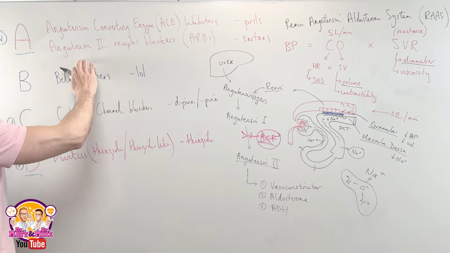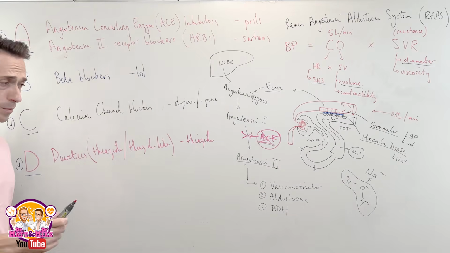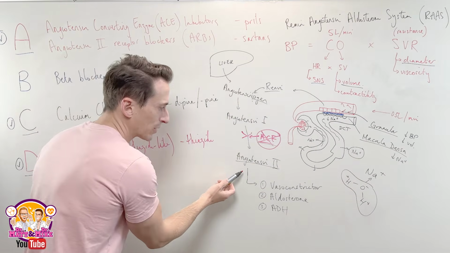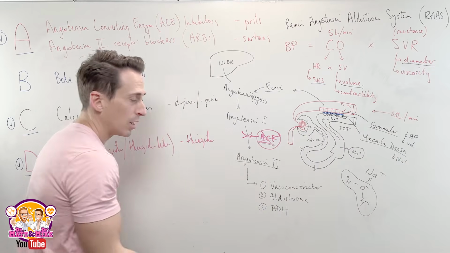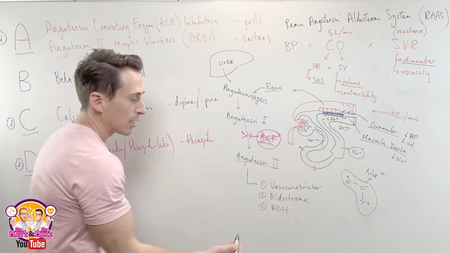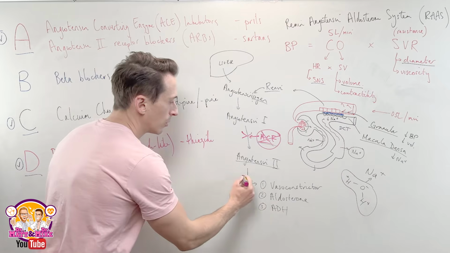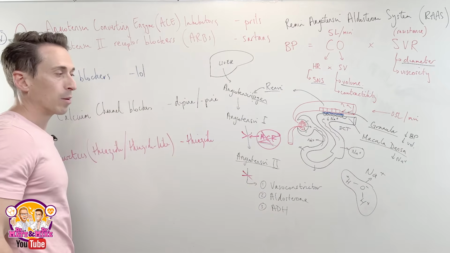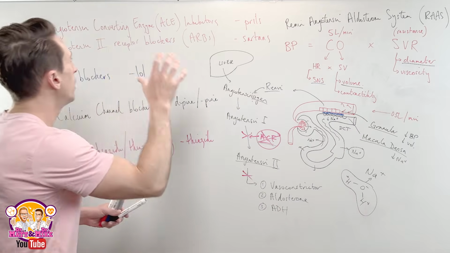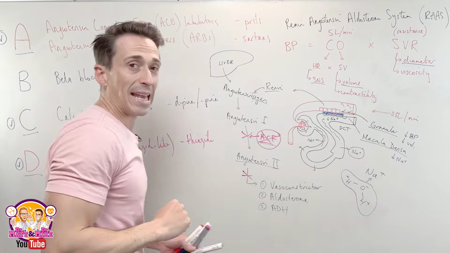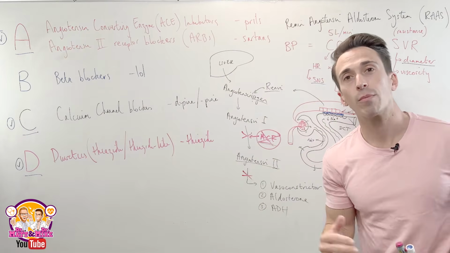What about angiotensin II receptor blockers? If we block angiotensin II receptors at all these tissues, the blood vessels, the adrenal glands, the hypothalamus, we stop them from working. Blood pressure does not increase. Beautiful. Therefore, these two A's help drop blood pressure.